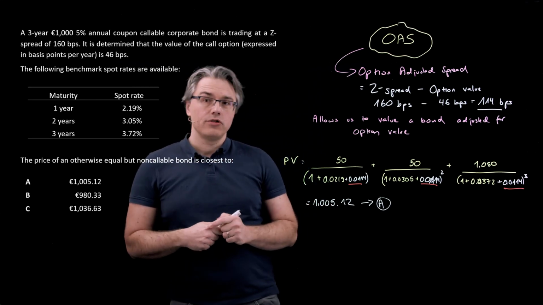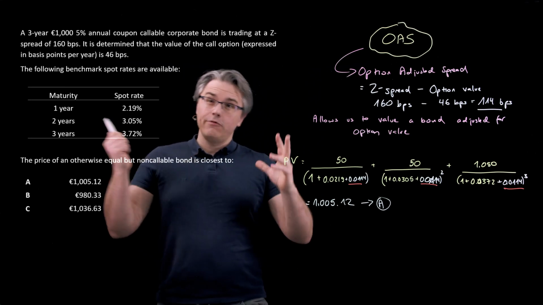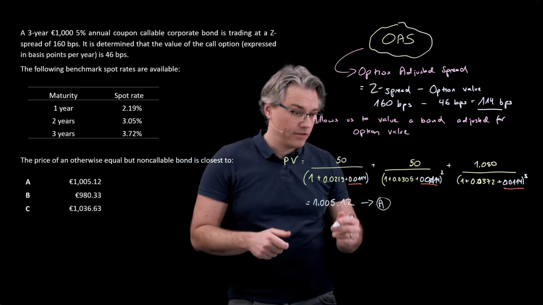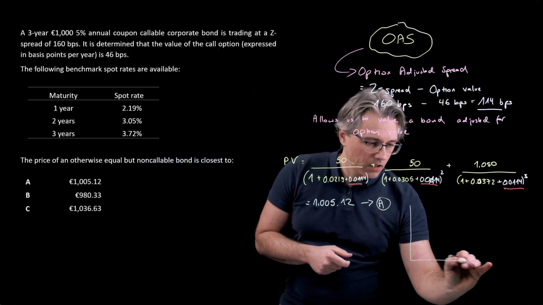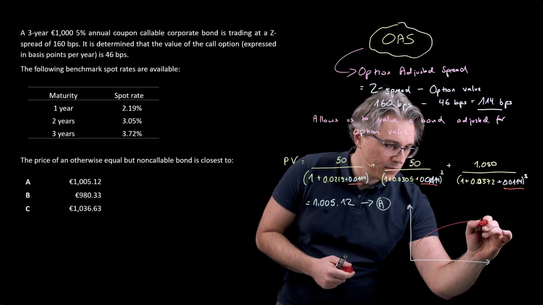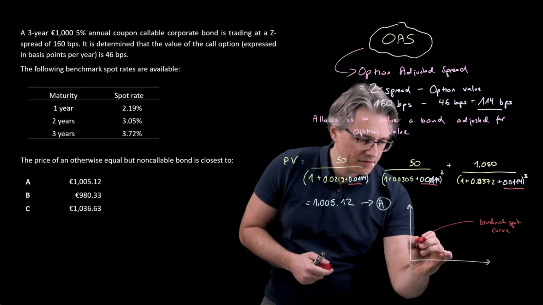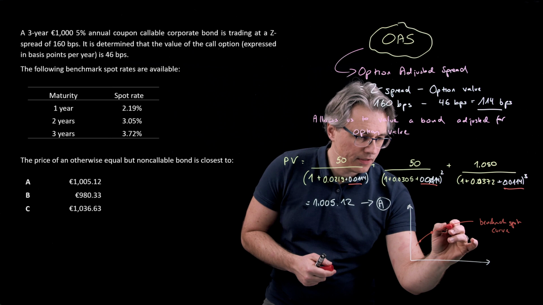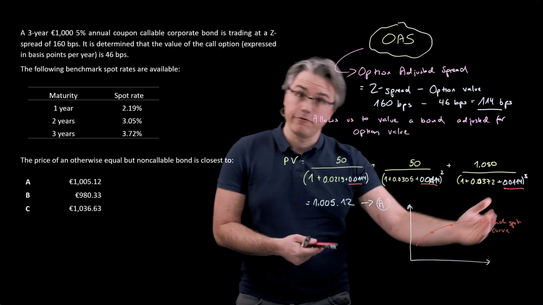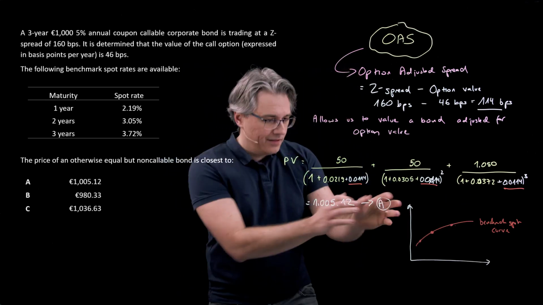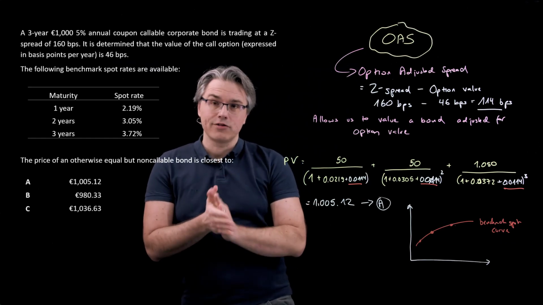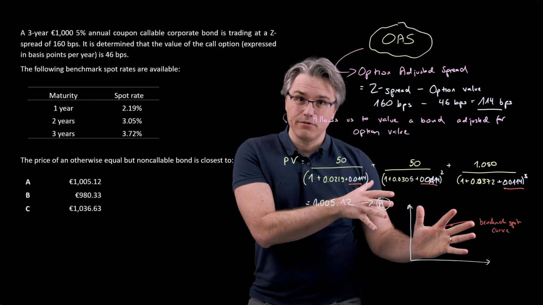One way you can think about the OAS in relation to the Z spread and the benchmark spot curve is as follows. If you plot the benchmark spot curve over here, this is a set of spot rates you would be using to discount cash flows which are 1 year, 2 years, or 3 years away from today. This is the set of discount rates you would use for discounting cash flows, typically on government securities.